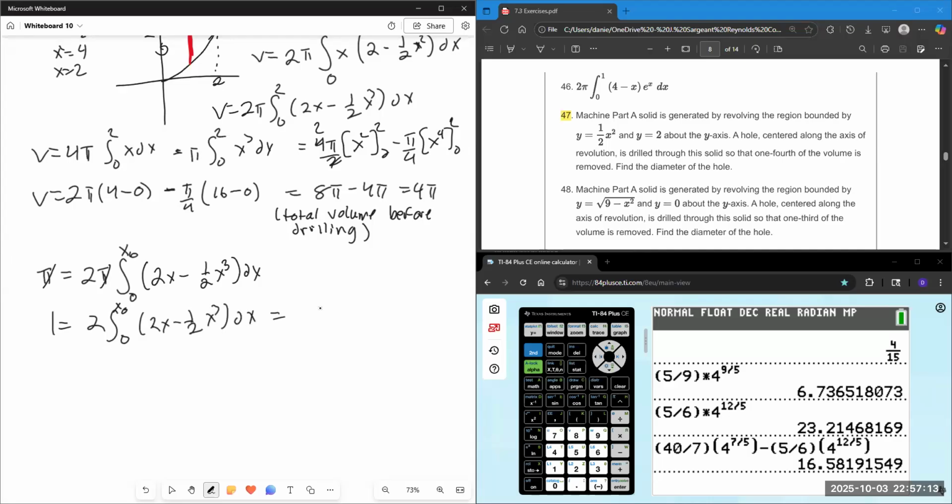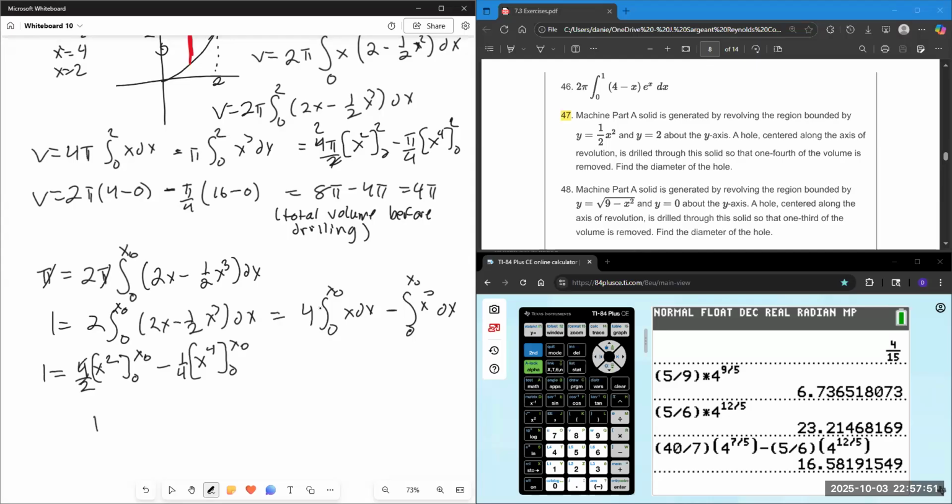So that is equal to 4 integral 0 to x naught x dx minus integral 0 to x naught x cubed dx. So 1 is equal to 4 x squared over 2, 0 to x naught, minus x to the 4th over 4, 0 to x naught.